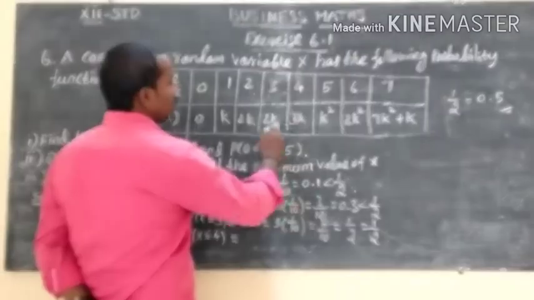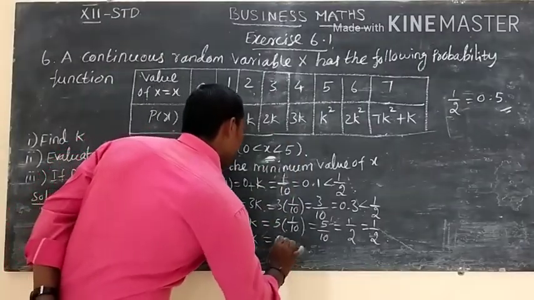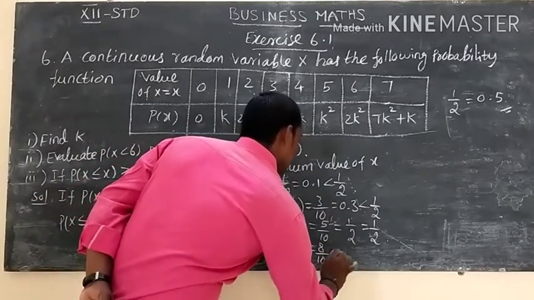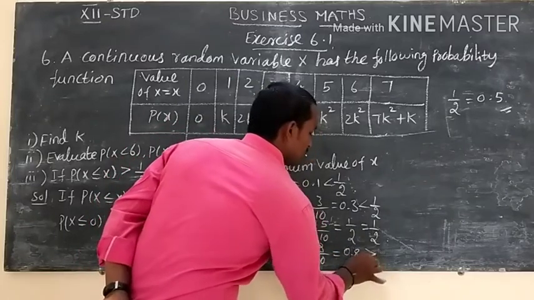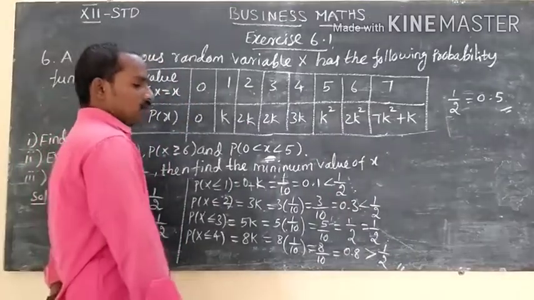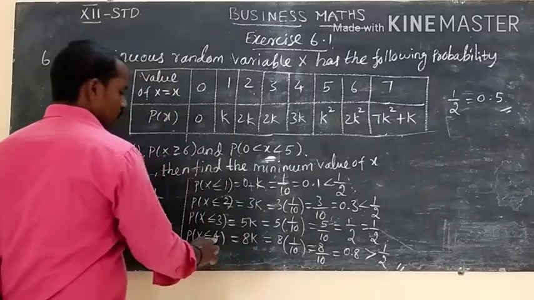This is 5k, then 5 plus 3, 8. 8k is equal to 8 into 1 by 10, which is equal to 8 by 10. 8 by 10 is equal to 0.8. 0.8 is greater than 1 by 2. Is it or not? Yes. So the minimum value of x is 4.